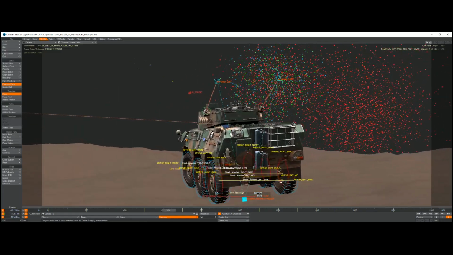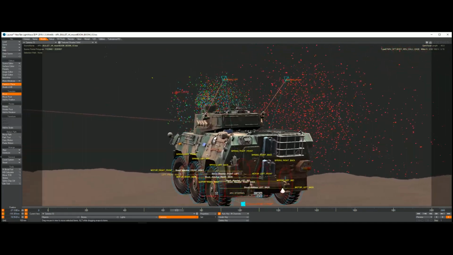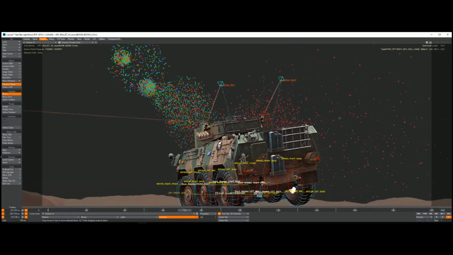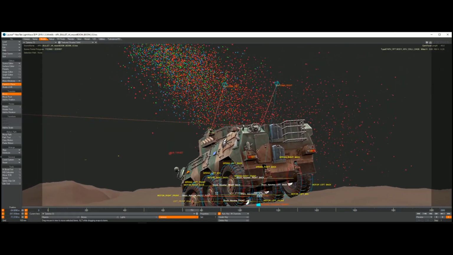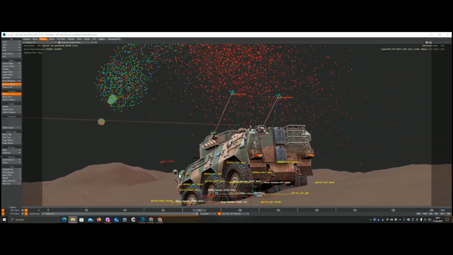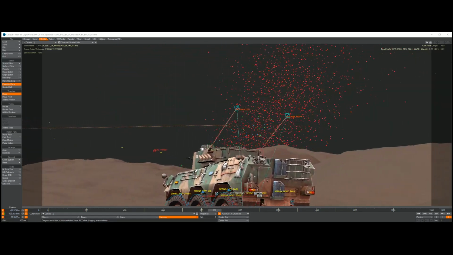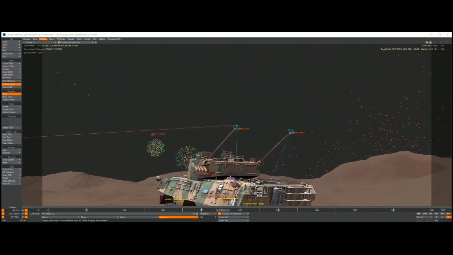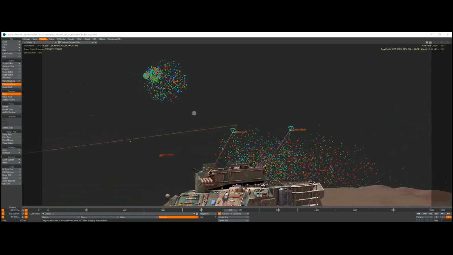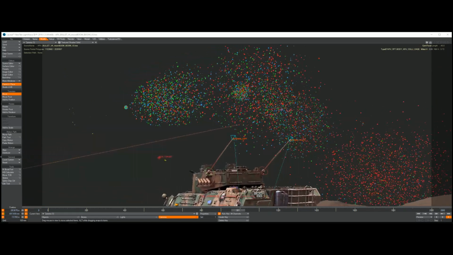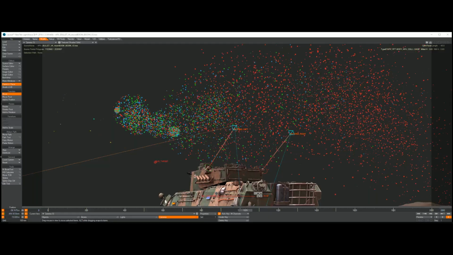So that means the first particle system shoots out the general particle out of the cannon, yeah. So that's the first particle system, and the second particle system is the big bada boom, yeah. So the main explosion for that fireworks.